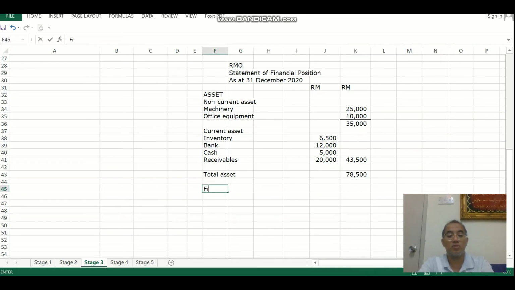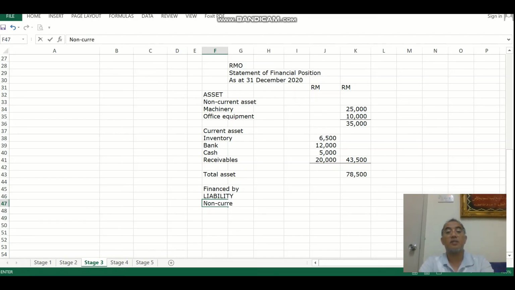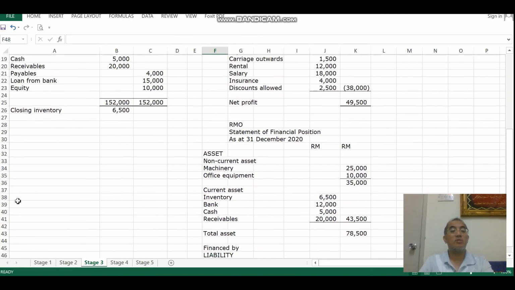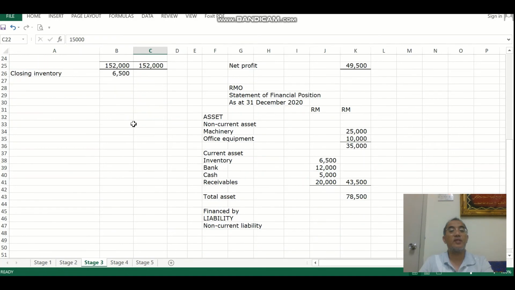We move on to finance, so you have liability. First is your non-current liability. What is your non-current liability? Okay, your loan from bank, 15,000.